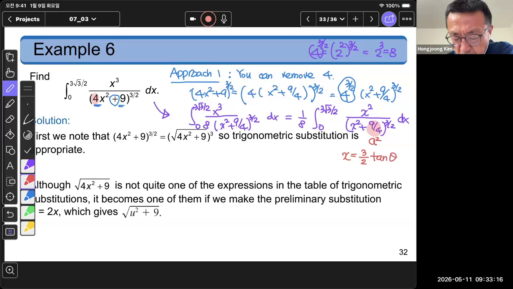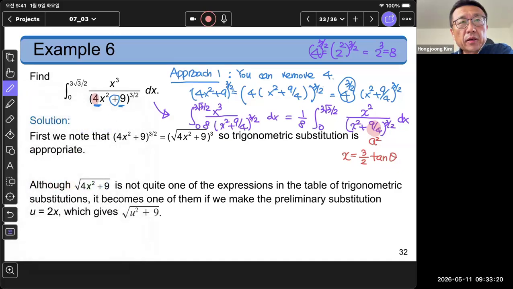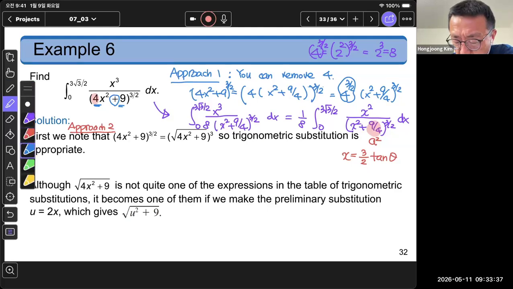Now in the slide or in the textbook, the authors are introducing a second approach. So that is your first approach. Okay. The second approach is the following.